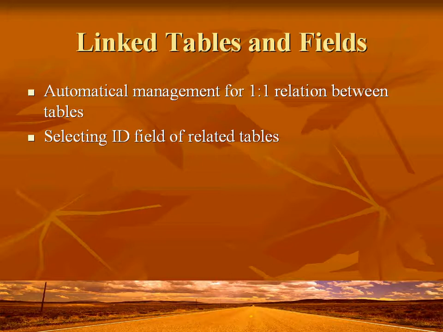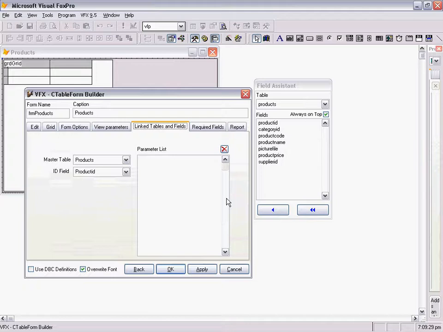In order to use linked tables, you need to have a primary key for your main table and corresponding fields for foreign key in related tables. And you are defining the relation between main table and related tables in same way in Form Builder. Here is main table and its ID field, and here in the list you can add fields from the related table.